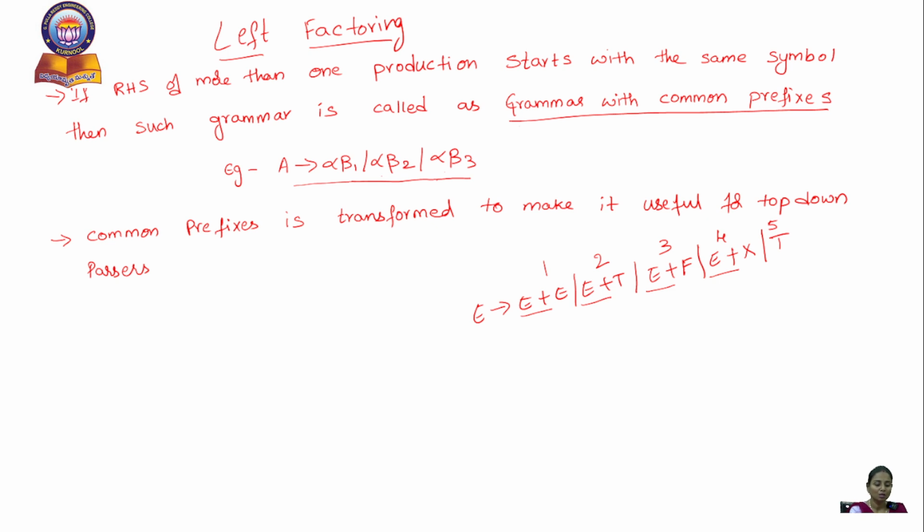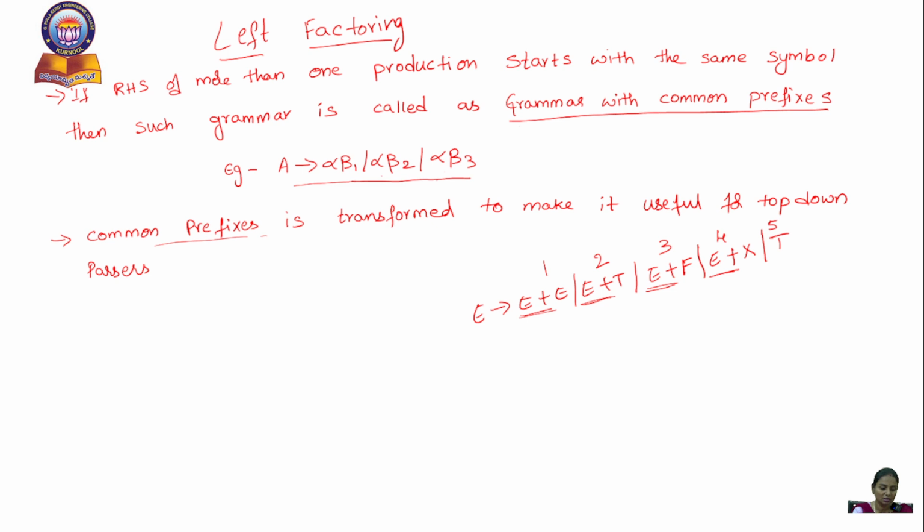So the common prefixes are transformed to make it useful for top-down parsers. The grammar should not consist of ambiguity, should not consist of left recursion, and should be free from left factoring. A grammar having common prefixes will be converted into a useful grammar by eliminating the left factoring.